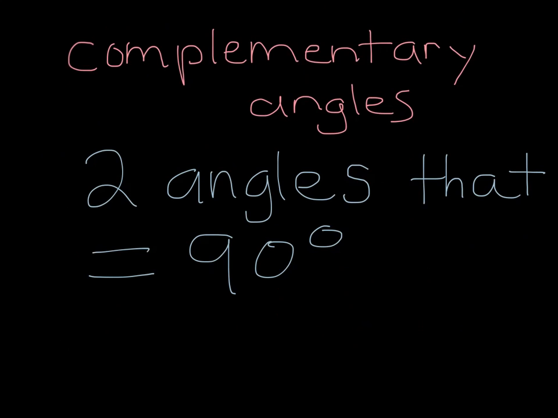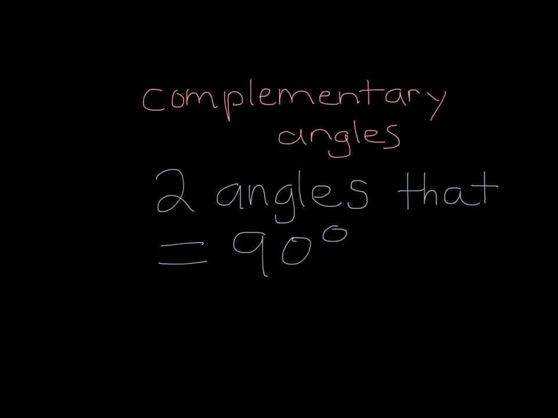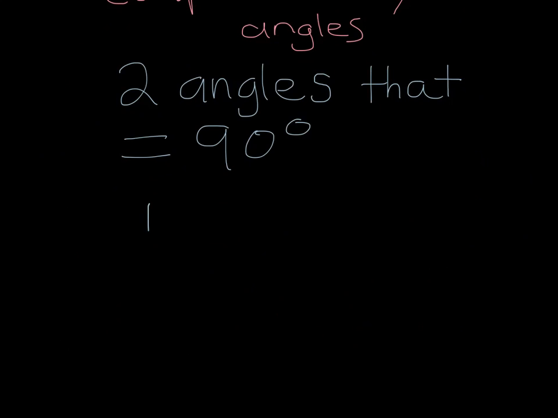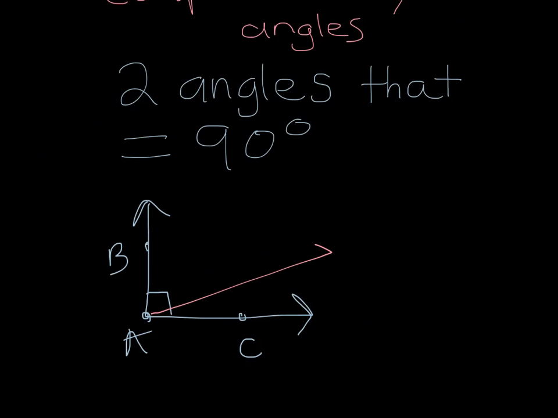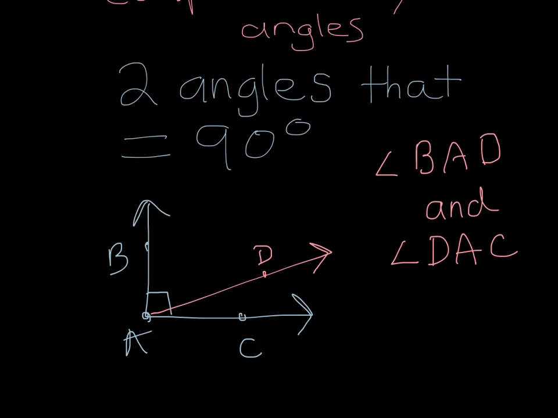Okay, so an example could be, if I drew a 90-degree angle, so I know I'm starting with 90, and I'll call this A, and I'll put a point B and a point C. Let's say this was 90 to start out with, but then I draw a line down the middle, and I'll call this D. So angle BAD and angle DAC are complementary, because together they equal 90 degrees.